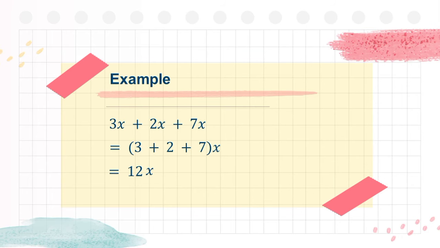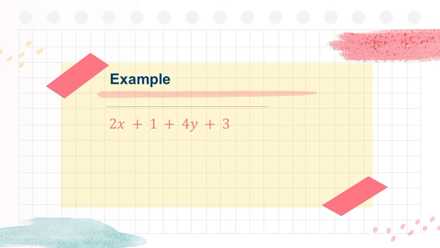An example that uses two variables is 2x plus 1 plus 4y plus 3. The same as before, we collect variables if they are the same, as well as we collect coefficients and constants.